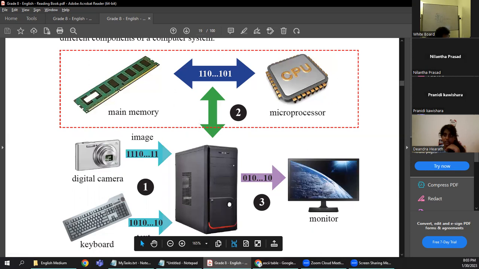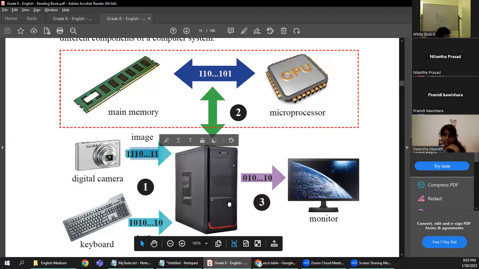Whenever data is captured from these input devices, whether from a digital camera or a keyboard, the data goes into the computer using this bit pattern.